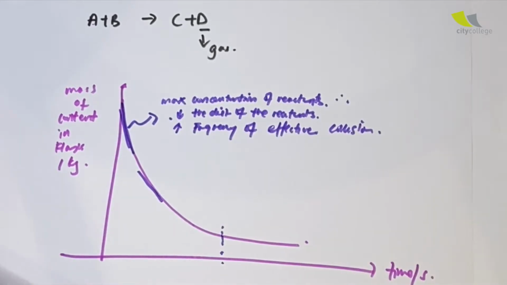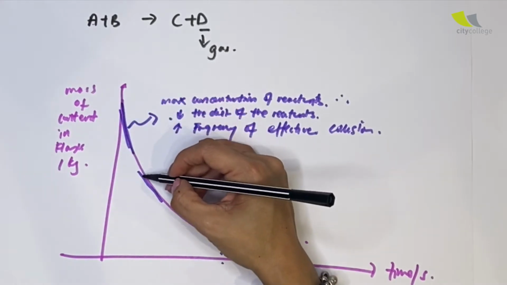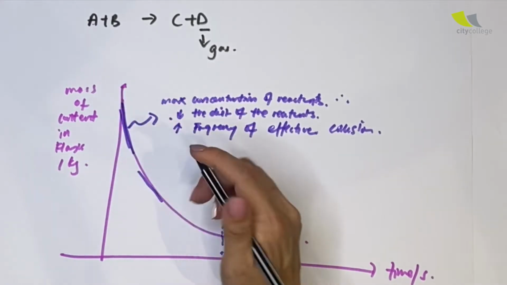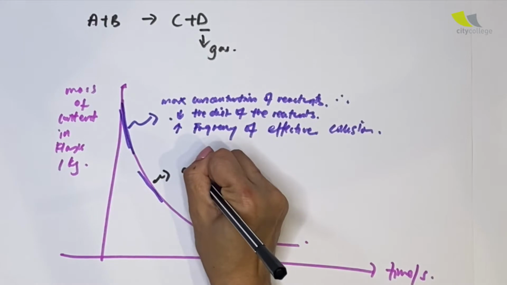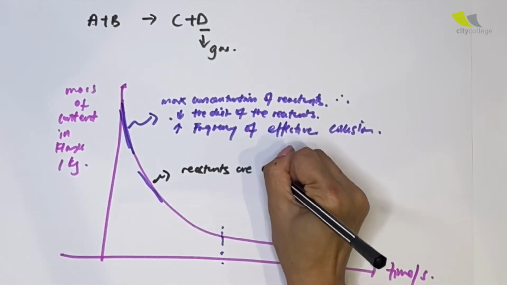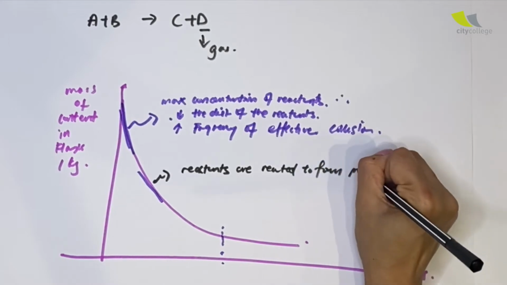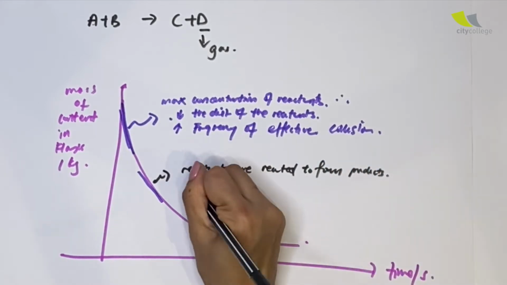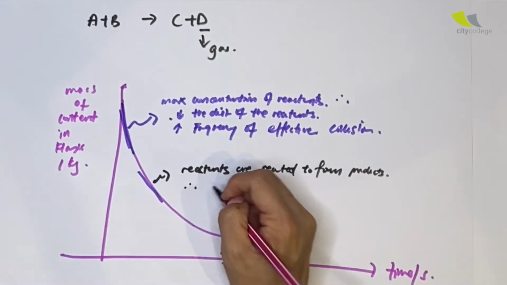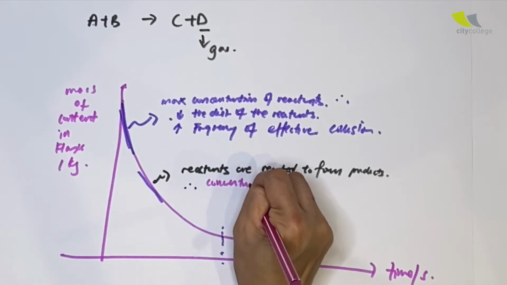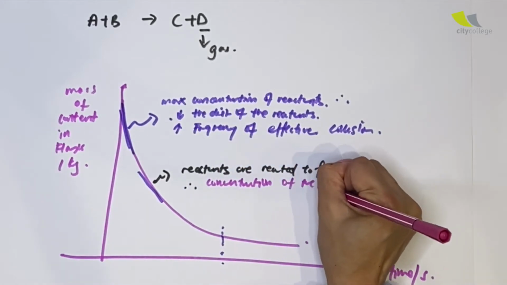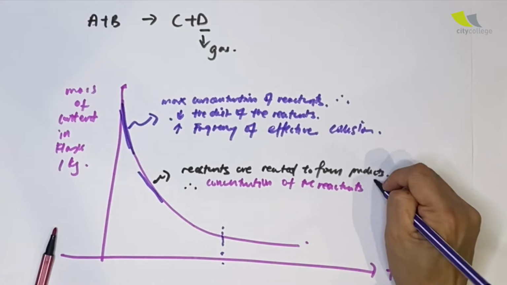Now, why is it that as they go down, it becomes less and less? Because the reactants react to form product. Therefore, the concentration of the reactants decreases.